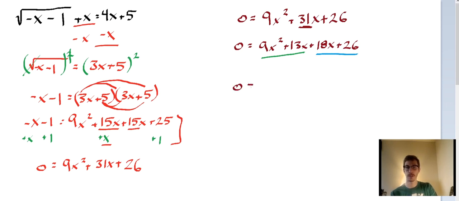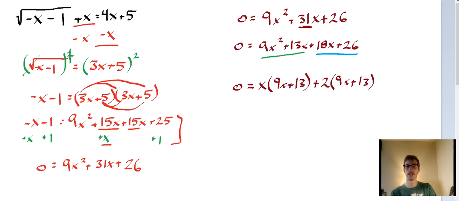We'll take an x out of this group, our first one, leaving us with 9x plus 13 plus, and we'll take a 2 out of our second group. That's going to be a 2, and that leaves us with 9x plus 13.